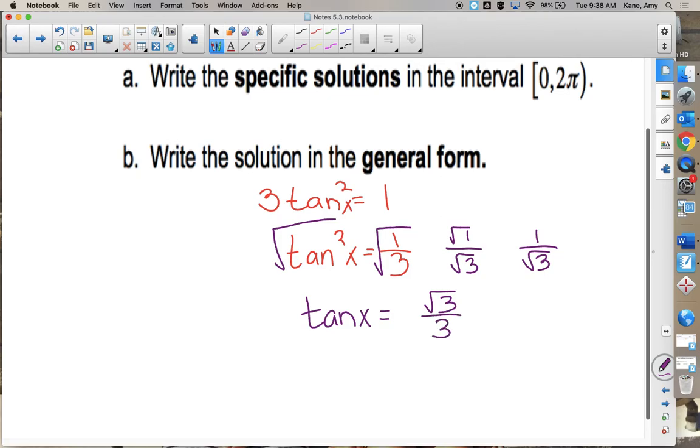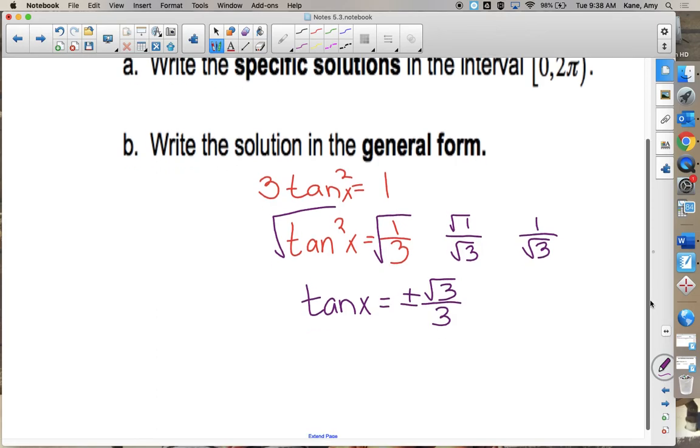What else goes with that answer? Yeah, plus or minus. Because you took the square root. You were solving for something that was squared. So anytime you get rid of a squared term, you're applying the square root. We need a plus or minus in the answer.